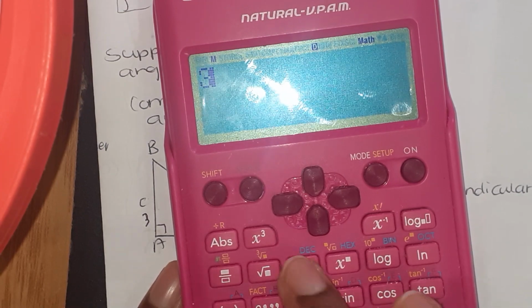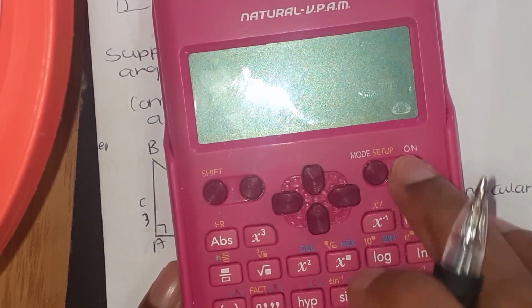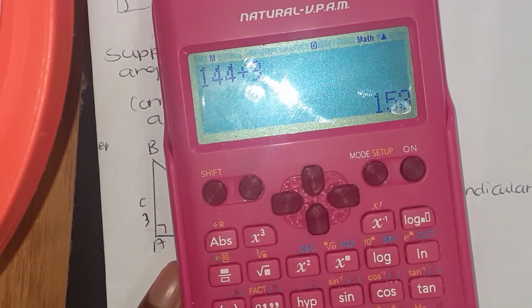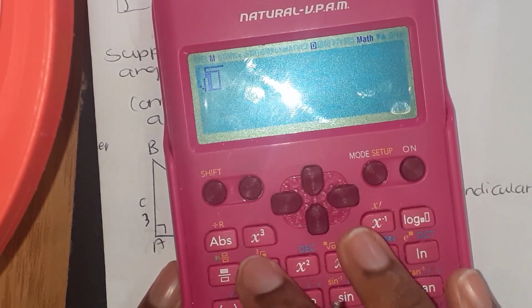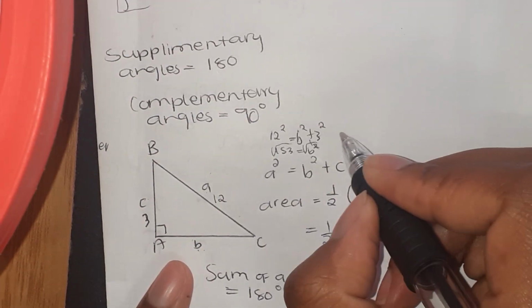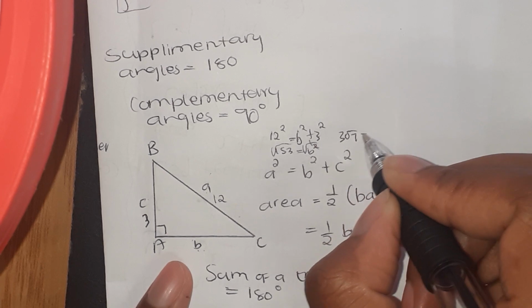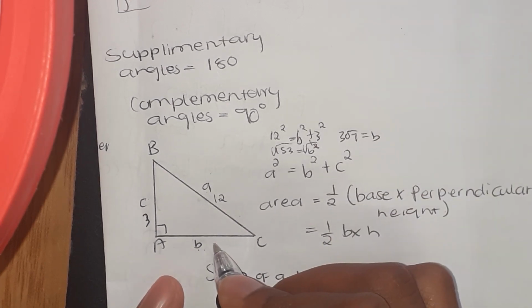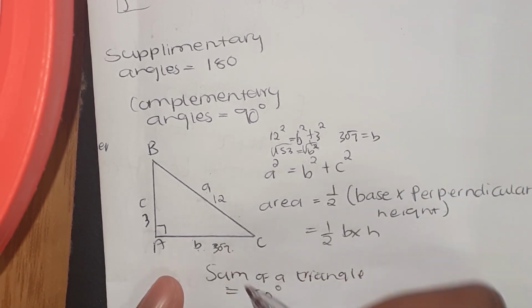And then 3 squared equals 9. So 144 minus 9 equals 135, I mean 153. So root 153 is equal to 3 root 7. So 3 root 7 equals B. Here I'll write it as 3 root 7.